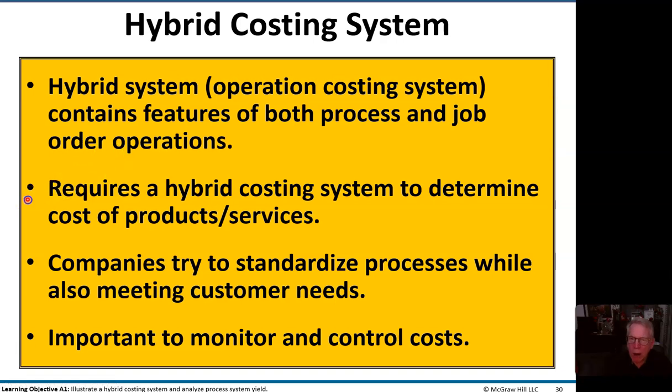And it requires a hybrid costing system to determine the cost of products and services. Companies try to standardize processes while also meeting their customers' needs. It's important, of course, as we all would know, to monitor and control our costs.